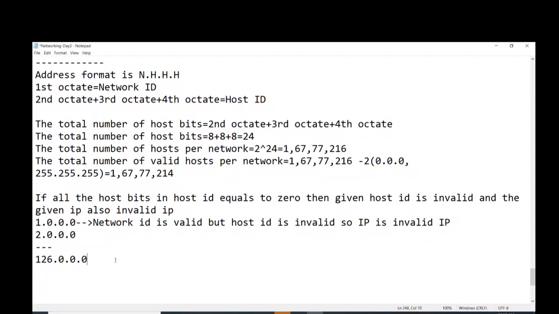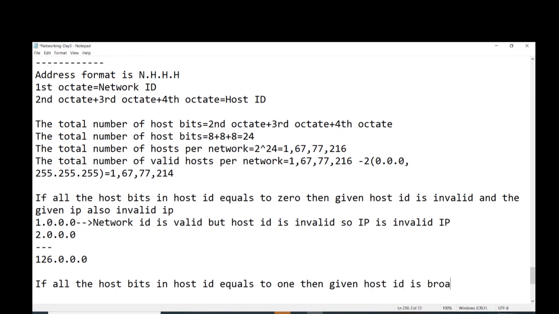Now if I make one more sentence: if all the host bits in the host ID equal 1, then the given host ID is the broadcast ID.